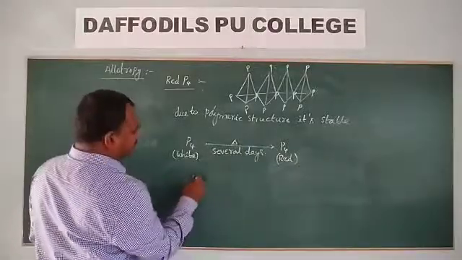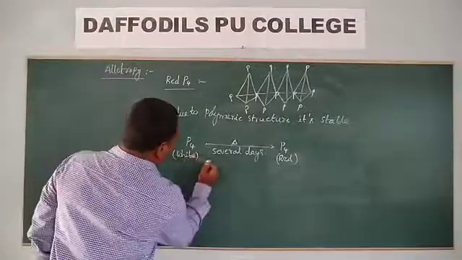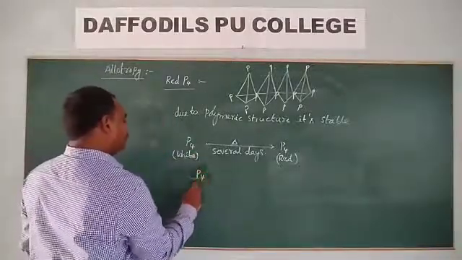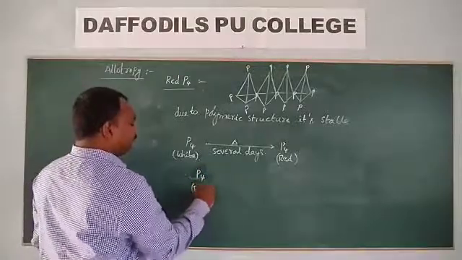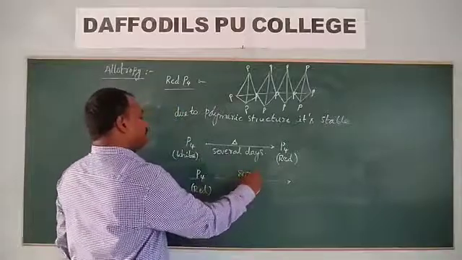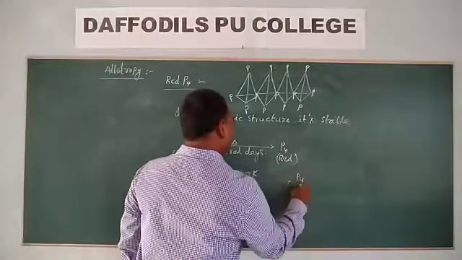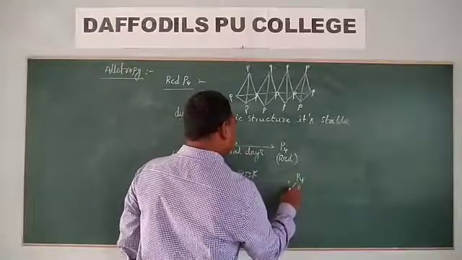When red phosphorus is heated to 803 kelvin, you will get alpha black.